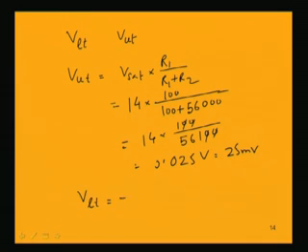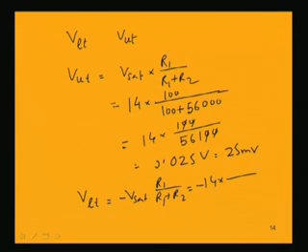That is minus V sat into R1 by R1 plus R2, and as V sat is the same 14 volt for both positive and negative, it is minus 14 volt into 100 by 56,100, that means we get minus 25 millivolt. So, that is the V upper threshold and V lower threshold voltage.